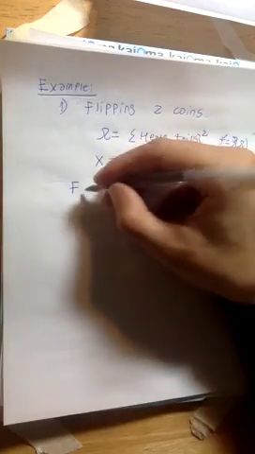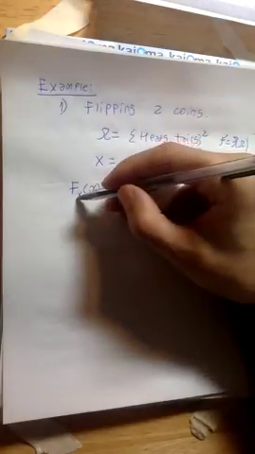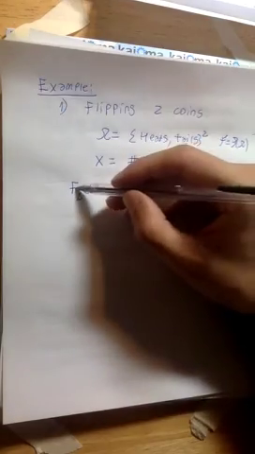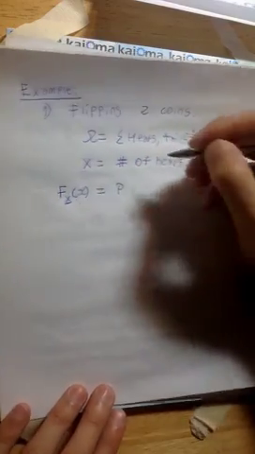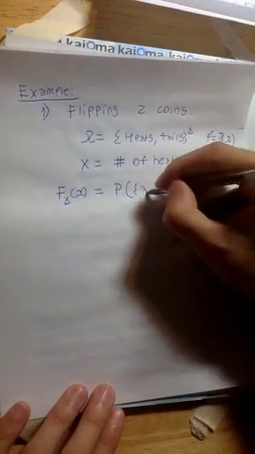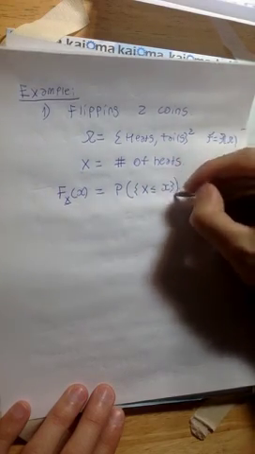So F of X, just to put the notation, this would be the distribution function associated with the random variable X, and it is going to be the probability that X is less or equal than a specific value.